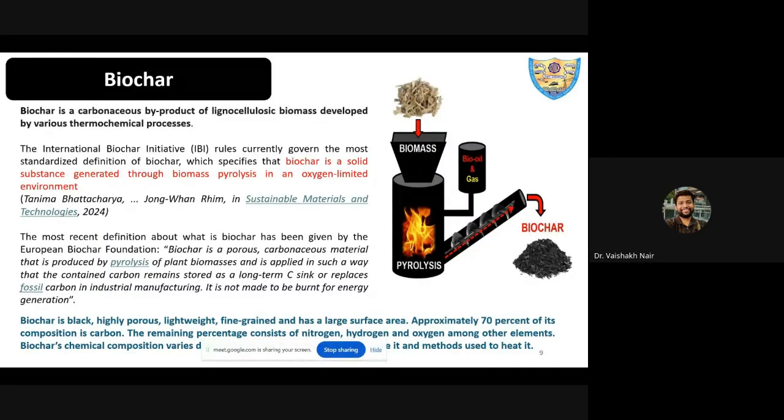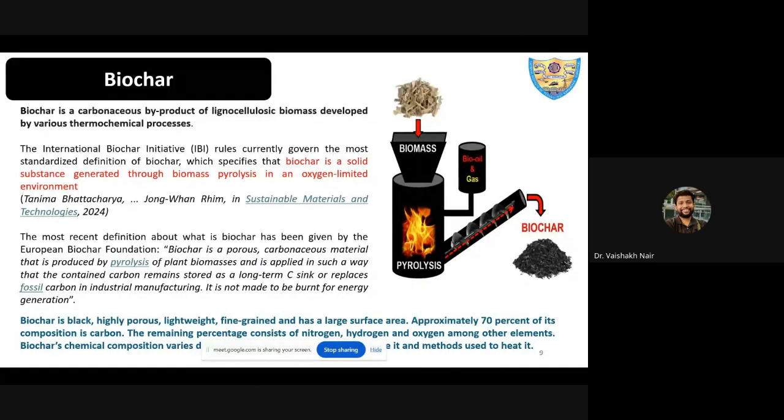Okay. And here when I'm talking about biochar, again I'm talking about agricultural residue based biochar, because animal waste can also be used for making biochar. So specifically I am talking about agricultural waste biochar.